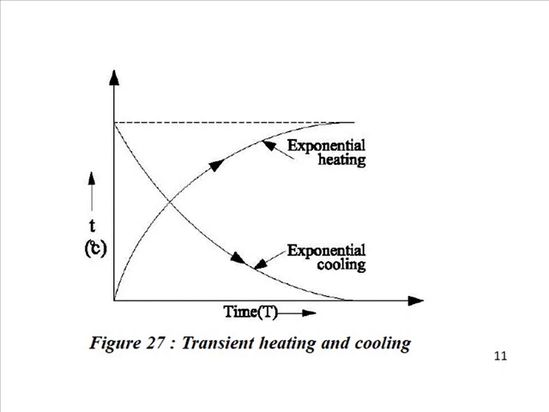So tau th, that is rho Vc divided by h into As, and its value is indicative of the rate of response of a system to a sudden change in its environmental temperature. Means if a hot metallic billet is suddenly quenched into water or a brine solution, there is a drastic change in temperature, and that variation in temperature is observed by the thermal time constant.